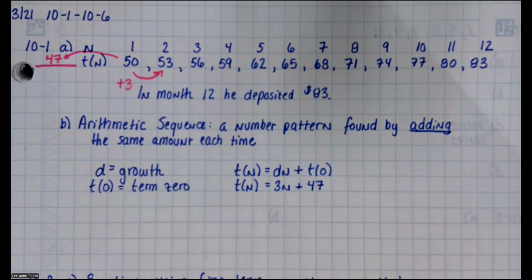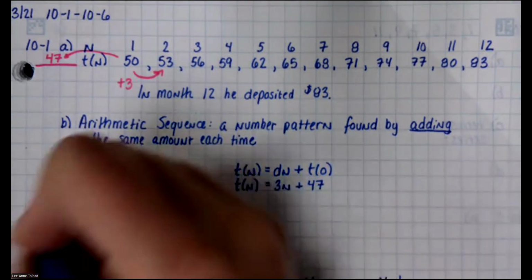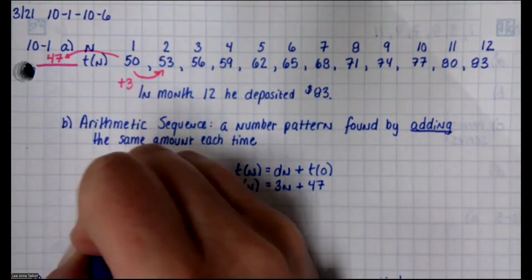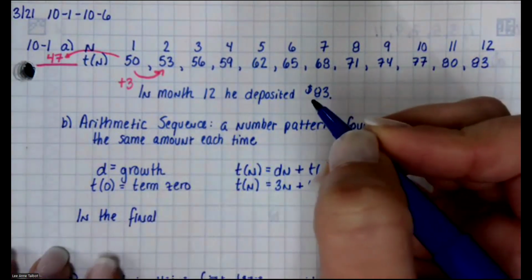Okay, the last thing we're going to do for number 1 is figure out how much he put in that final month of her 18th year. So the biggest number that he ever put in.